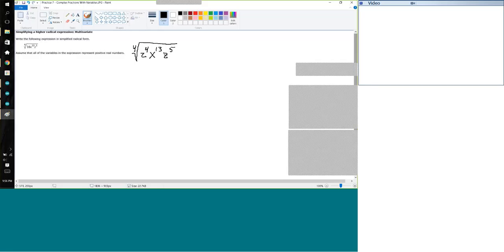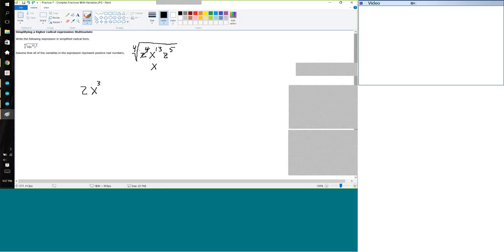So again, 4 divides by 4 cleanly, and this leaves me with a 2 outside. That's dealt with. 13 divides by 4 3 times with a remainder of 1, since 4 times 3 is 12, and 13 minus 12 is 1. So it pulls out 3 times.